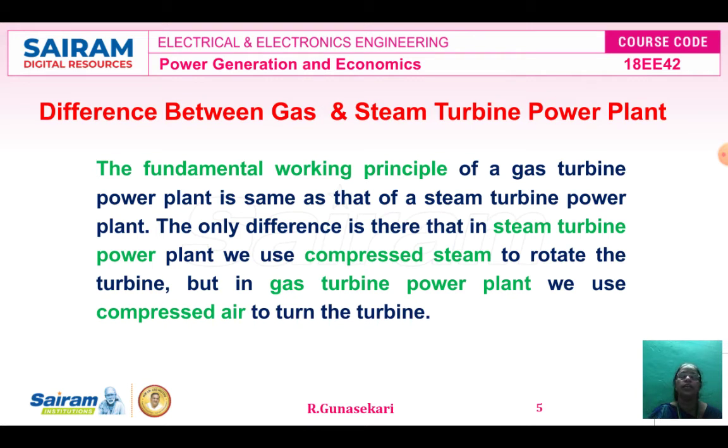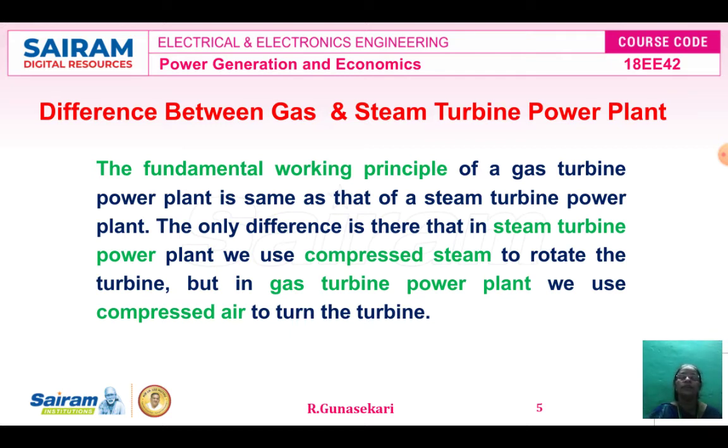Now we studied what is the difference between the gas turbine power plant and steam turbine power plant. The fundamental working principle of gas turbine power plant is the same as that of the steam turbine power plant.